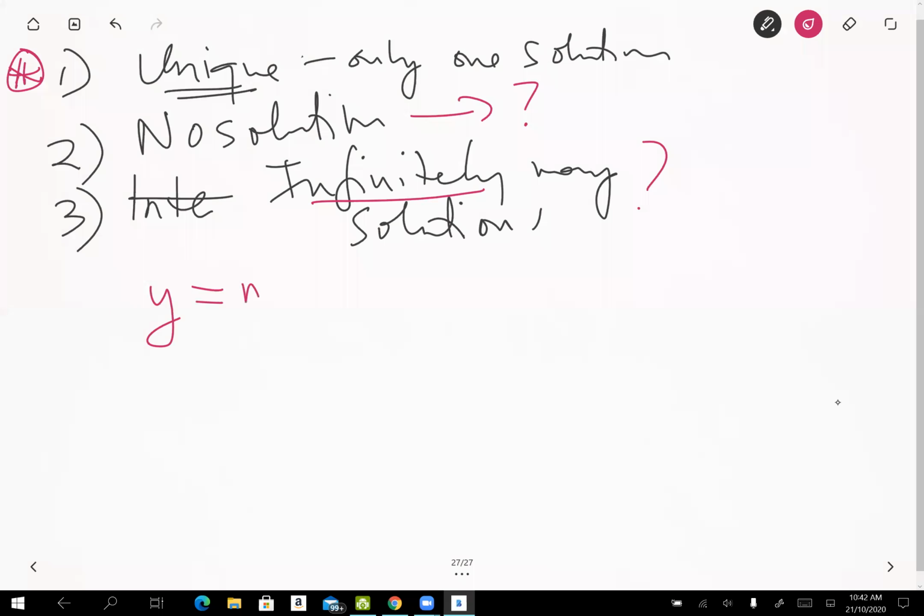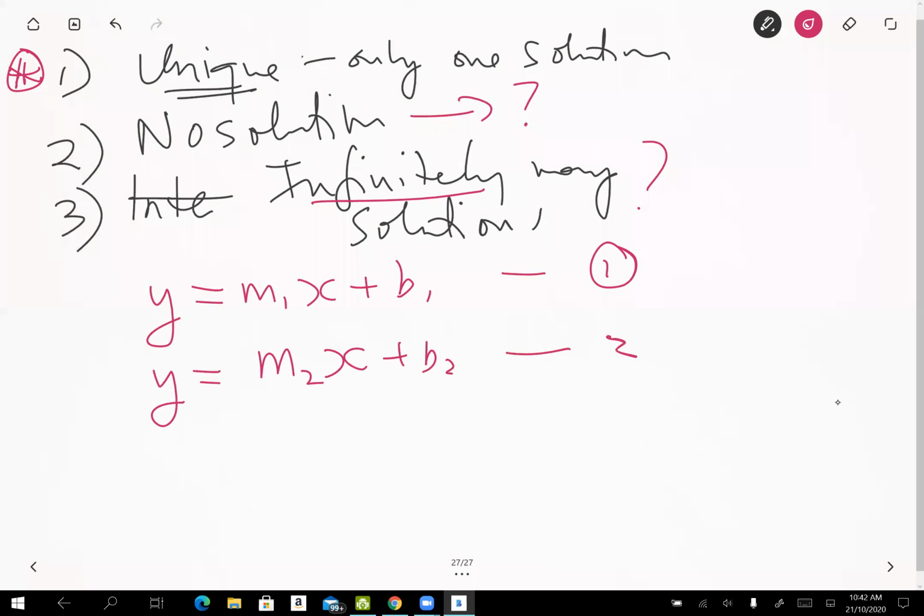Let's say I have y equal to m1x plus b1, so call it equation number one. And then I have another linear line, y equal to m2x plus b2. We call it number 2. For a unique solution, we need only to look at the slope.